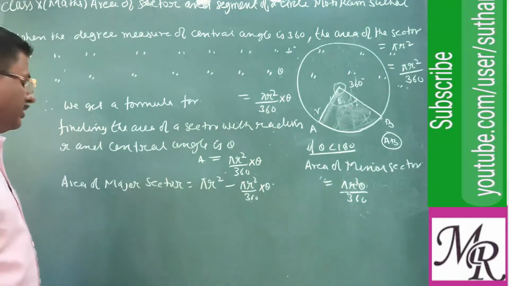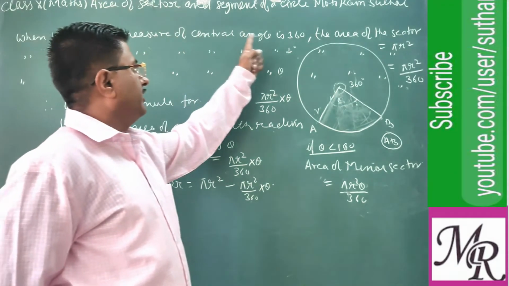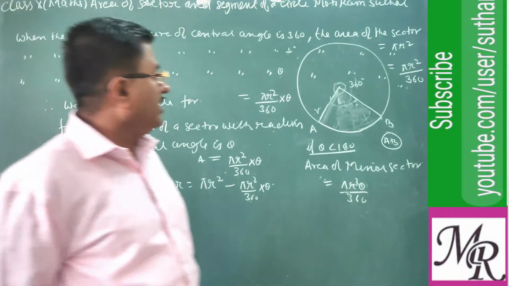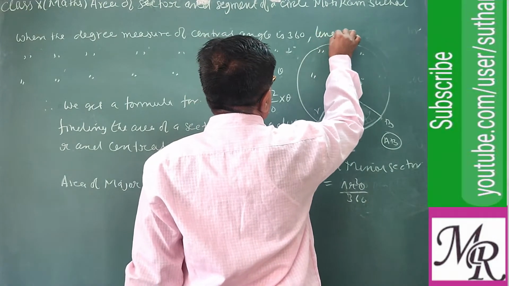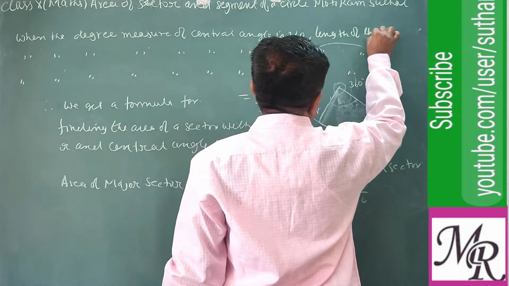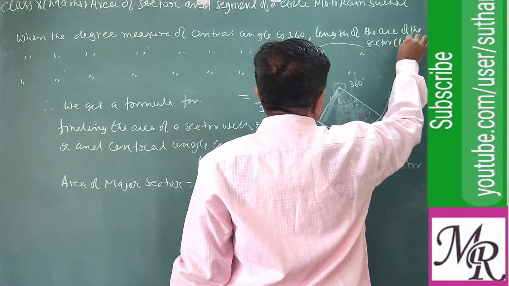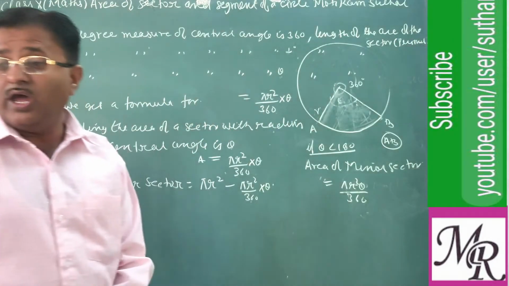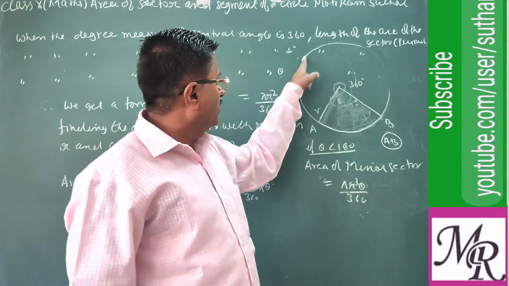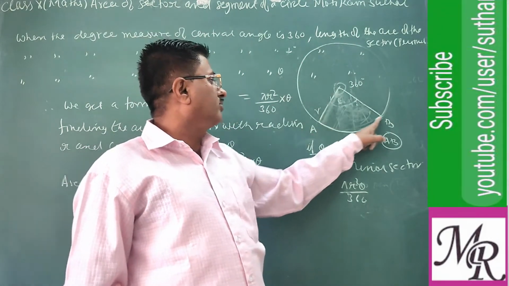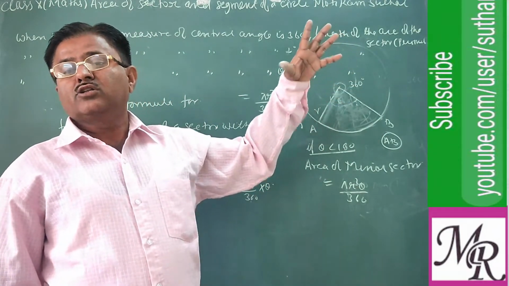So again we use the unitary method for solving this. You can say when the degree measure of central angle is 360, then the length of the arc of the sector, that we call perimeter, because when theta is 360, then this arc AB will be the total boundary, or you can say circumference, or perimeter of the circle, where the central angle is 360 degree.